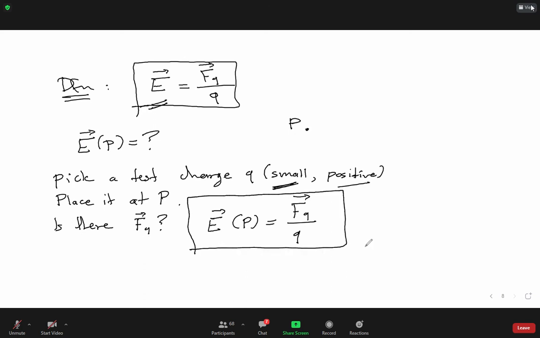If you think about this, this is how you would determine whether there's a gravitational field where you're sitting, right? Instead of a charge, you would take a mass. You would measure the force on that mass, and then you would divide out by your test mass, because you don't want the result to depend on your test mass. For gravity, it doesn't matter, but that's a different topic, an exciting one, but not really relevant to our purposes.